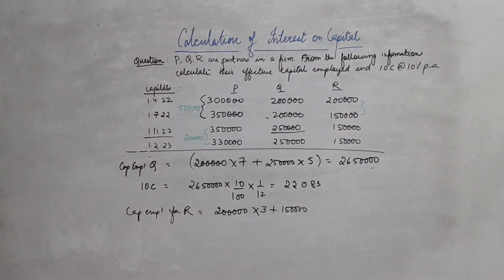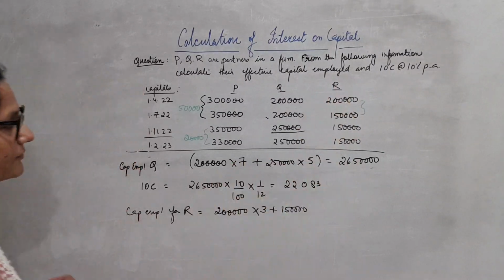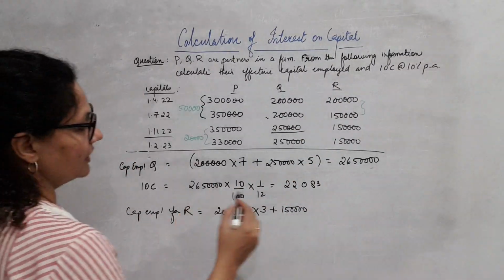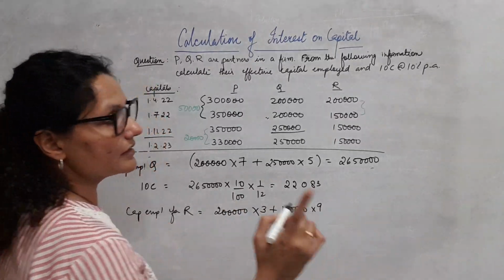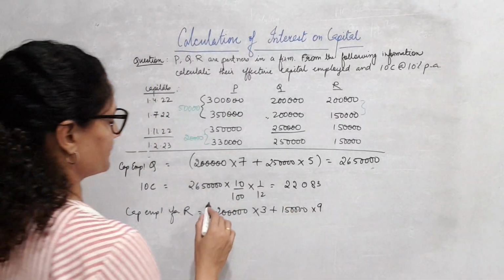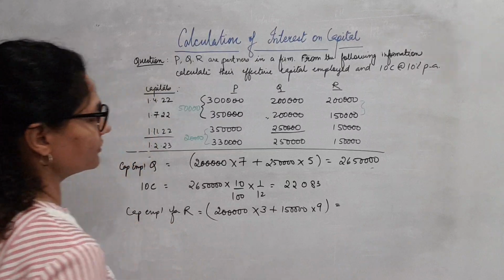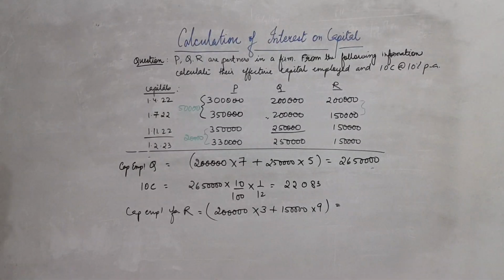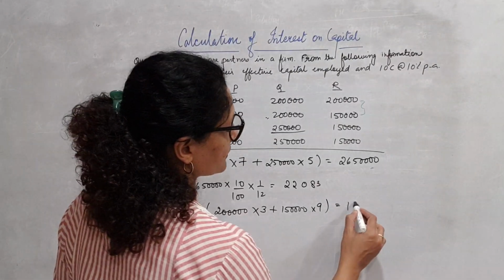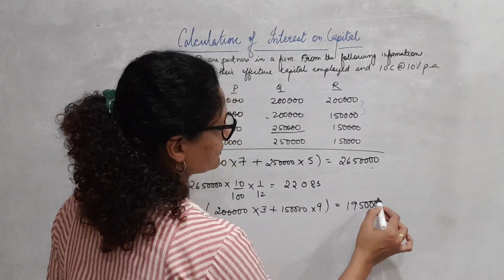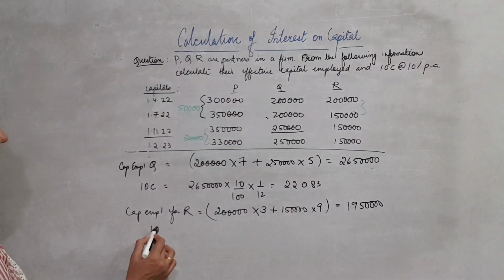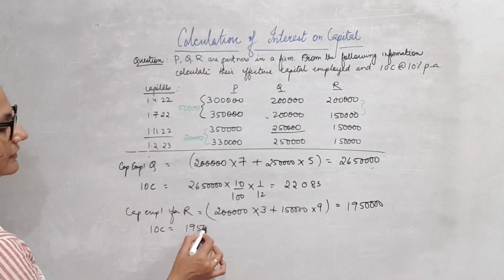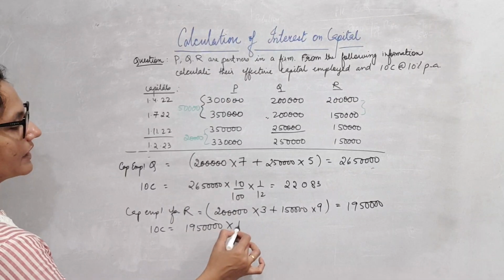So now it becomes 1,50,000 and it stays at 1,50,000 for the entire remaining time. How many months? 9 months, from 1st of July till 31st March. So if this is calculated, this comes to 19,50,000, and interest on capital will be on this effective capital employed.